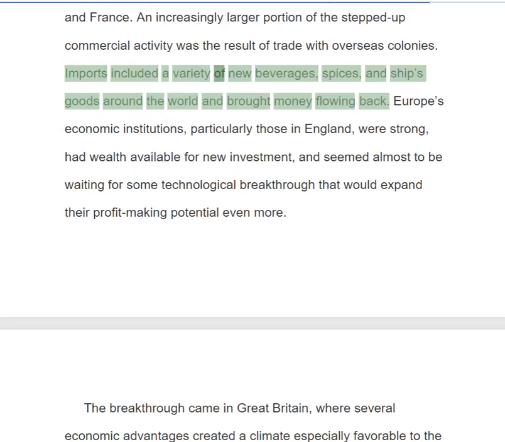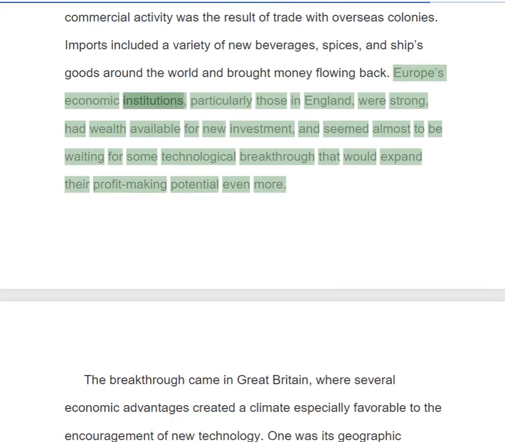Imports included a variety of new beverages, spices, and other goods, and ships carrying goods around the world brought money flowing back. Europe's economic institutions, particularly those in England, were strong, had wealth available for new investment, and seemed almost to be waiting for some technological breakthrough that would expand their profit-making potential even more.